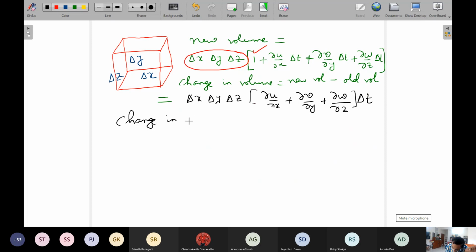See, had it been a school level topic, this is what you would have written: change in volume per unit volume, so original volume, per unit time. Any strain, the definition of strain in school level is change in length per unit length. Similarly, volume strain is change in volume per unit volume.